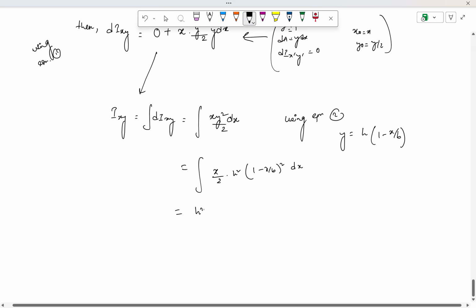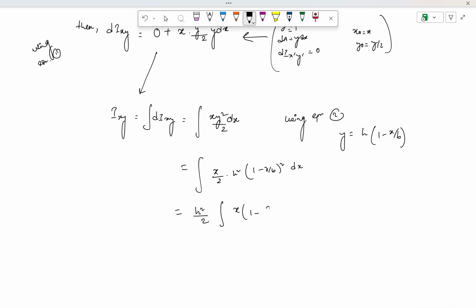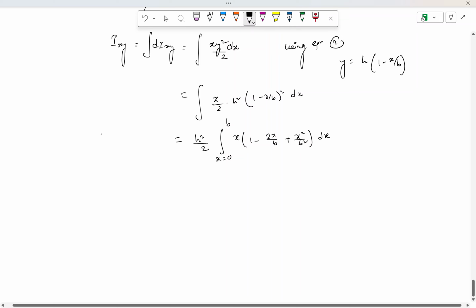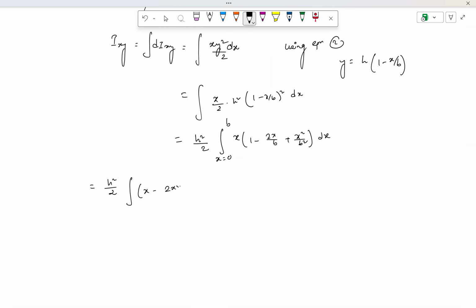Now by simplifying, this is h squared by 2 times the integral of x times 1 minus 2x by b plus x squared by b squared, dx, where x is going from 0 to b. That is x minus 2x squared by b plus x cubed by b squared, dx, from 0 to b.